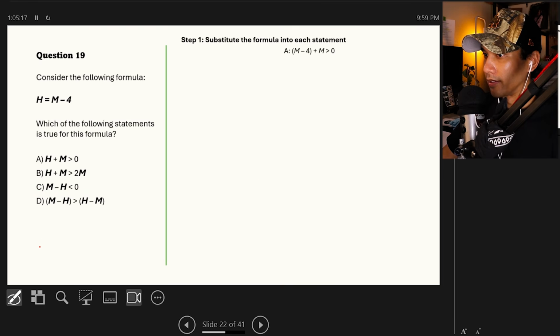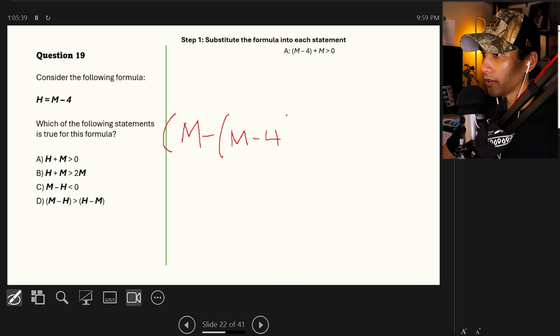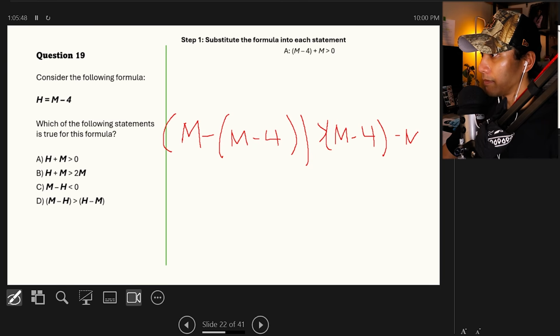All are wrong here. So now we have to do this long expression, or inequality, or whatever this is called. I don't like doing that, but hey, we're trying to become electrical construction workers here, so we have to do it. m minus 4 greater than m minus 4 minus m.